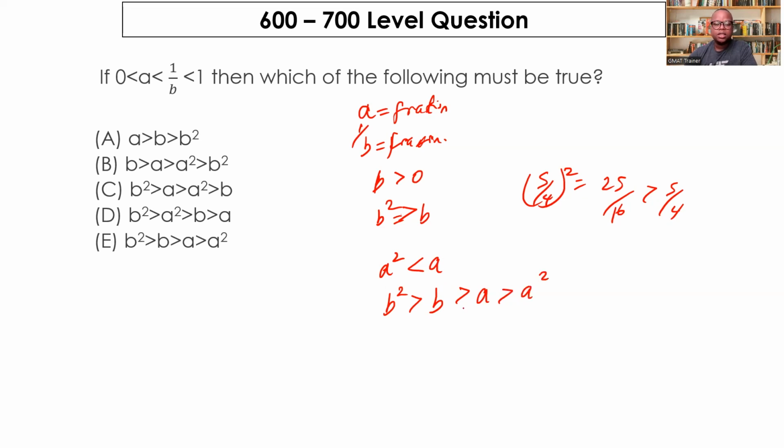So b squared is greater than b, greater than a, greater than a squared, which is answer choice E. Unless you understand the relationship between these various types of operations, it will be hard to address this question.